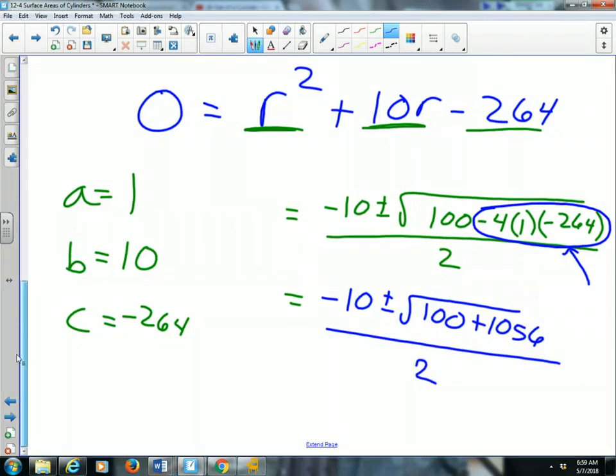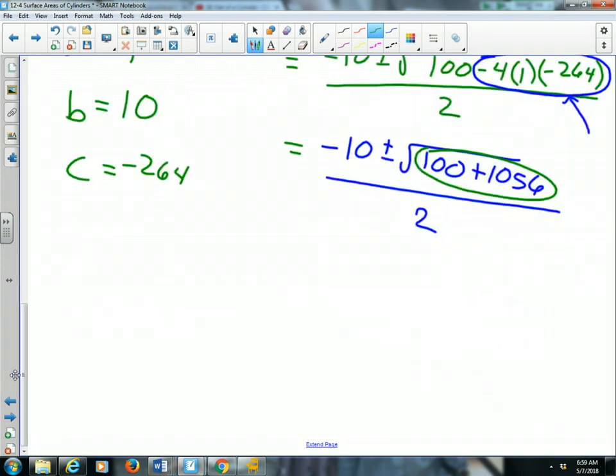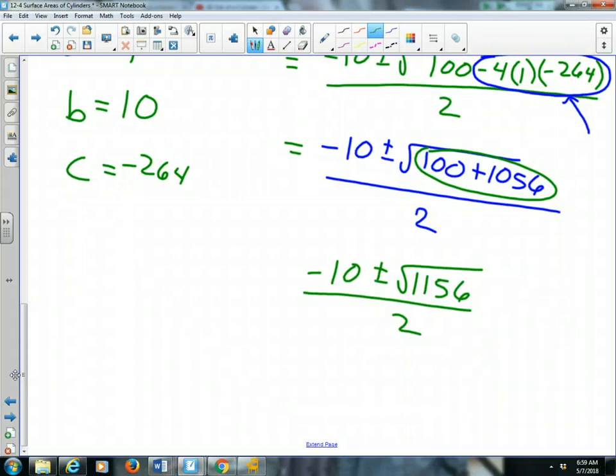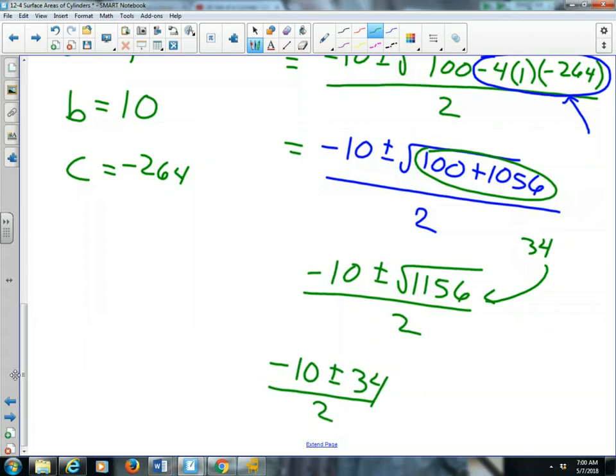Now if we add 100 plus 1056, we get 1156. So negative 10 plus or minus the square root of 1156 divided by 2. We put the square root of 1156 in our calculator, and we get 34. The square root of 1156 is 34. So now we have negative 10 plus or minus 34 divided by 2.